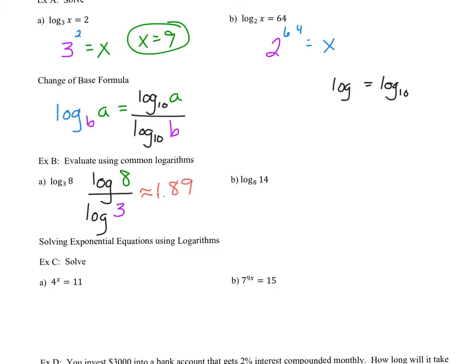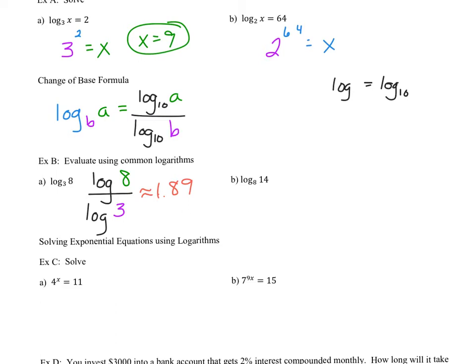And just thinking about things logically, it's saying that 3 to the power of 1.89 would give us 8. So if I put something in the calculator and it gave me like 24, I'd be like, whoa, 3 to the 24th power is not 8. So think about things logically. If you get a number, think about whether it makes sense or not. 3 is not going to be raised to a really large exponent or a really small exponent to equal 8.